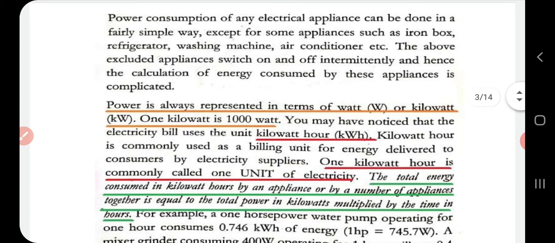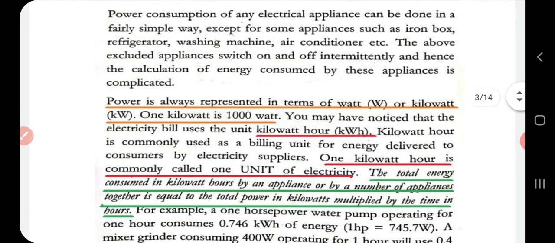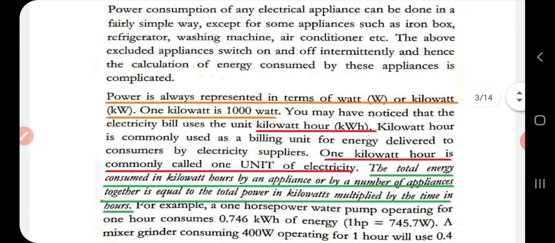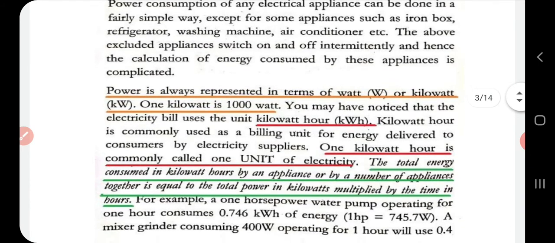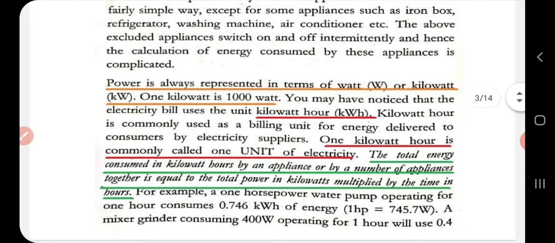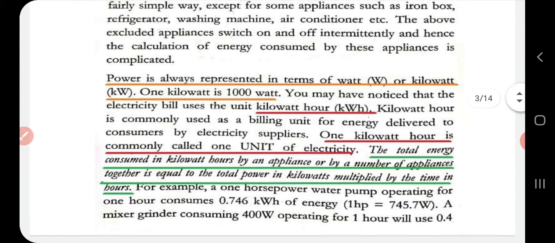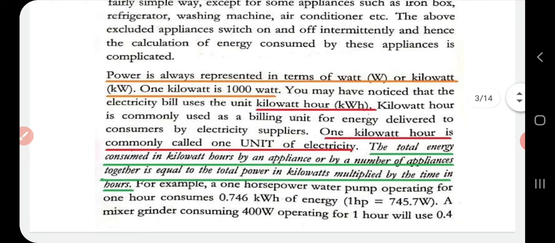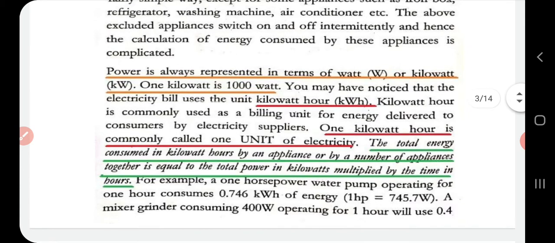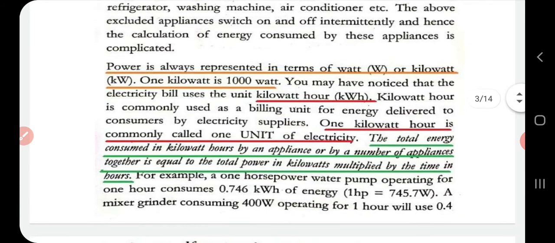Okay, that is enough. Now, power consumption by electrical appliances can be calculated in a fairly simple way, except for some devices like iron box, refrigerator, washing machine, air conditioner, etc. The above excluded appliances switch on and off intermittently, and hence the calculation of energy consumed by these appliances is complicated.